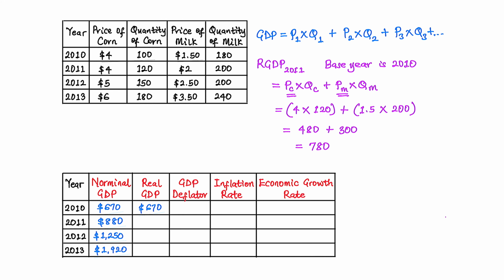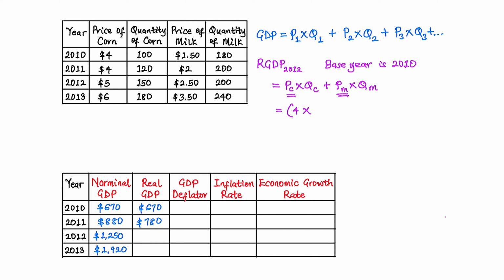So the real GDP in 2011 is 780. Next, the real GDP in 2012. That's equal to the price of corn in the base year, which is 2010, $4, multiplied by the quantity of corn in the year we're calculating the real GDP for, that's 2012.